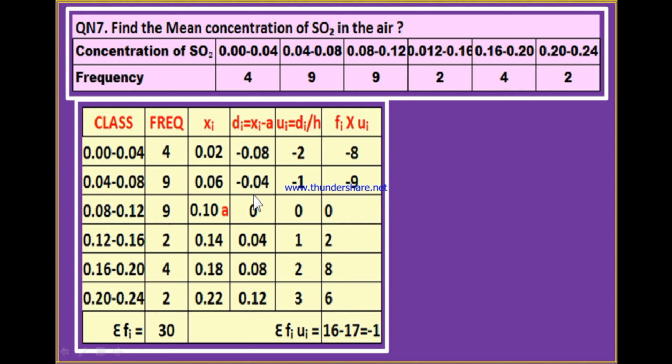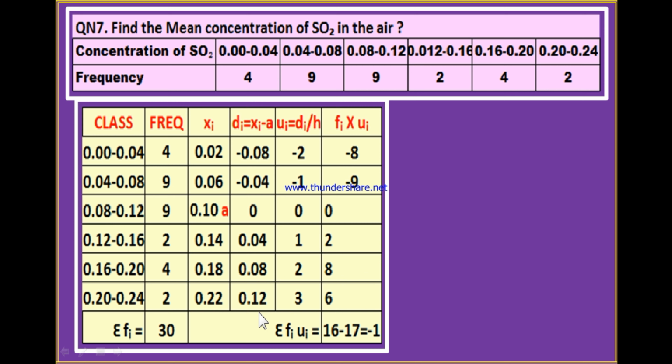Now you divide all these di values one by one with 0.04. Understand? Minus 0.08 divided by 0.04 is minus 2. Minus 0.04 divided by 0.04 is minus 1. 0 divided by 0.04 is 0. 0.04 divided by 0.04 is 1. 0.08 divided by 0.04 is 2.